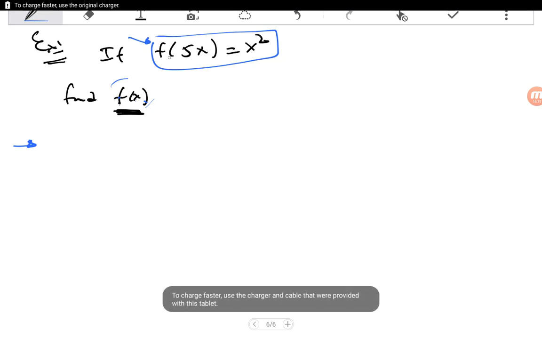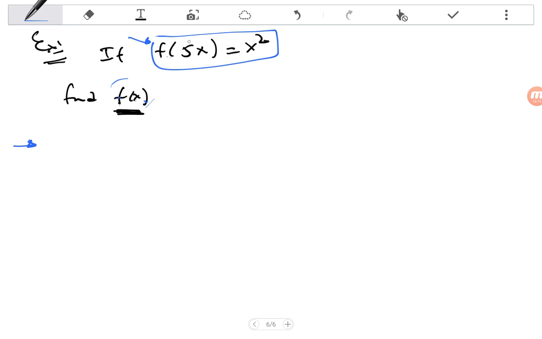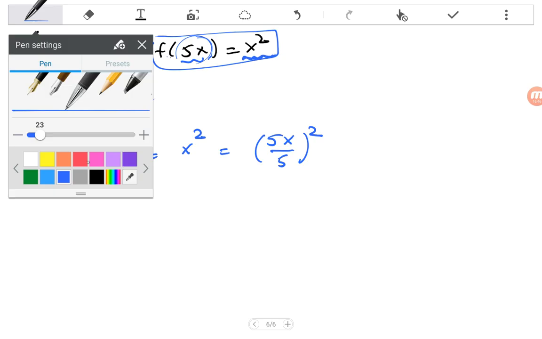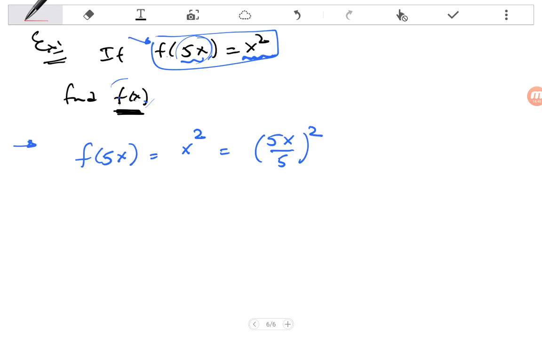First, I just need to express that output in terms of that input. How would I do that? It is given that f of 5x is equal to x squared. I can look at this as 5x over 5 all squared. I didn't change anything here, but what did I benefit from this expression?